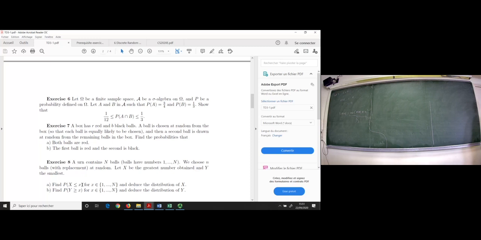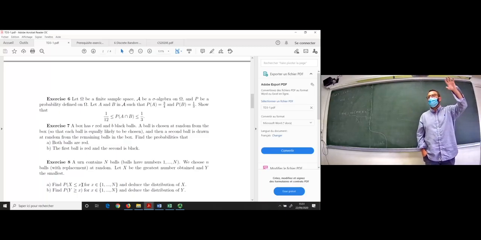Do you have an idea for the other one? Can they intersect in one element? No. I repeat. It's not possible for you to take a particular case. I want you to prove this in full generality.